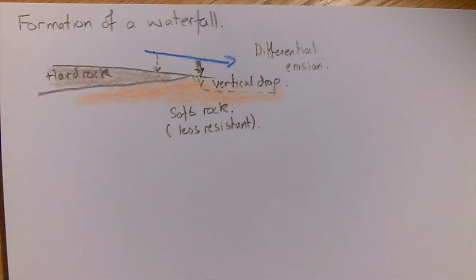What have we created because of the differential erosion? Fuad? Great, a small vertical drop. And why has that small vertical drop been created? Catherine?